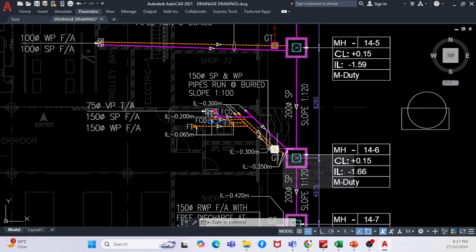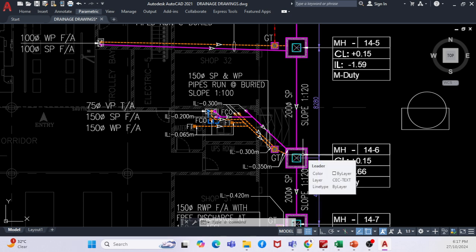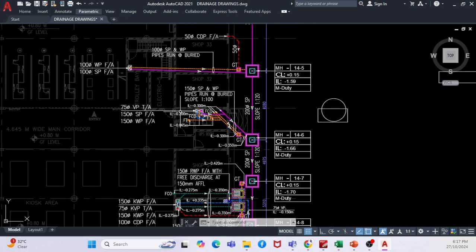You can remove whatever solid particles before it goes to the manhole. Clear, right? And whatever the soil pipe or waste pipe, you cannot go with the gully trap because it is all human waste, right? So it has to go directly to the manhole. So your soil pipe will go to the manhole, and your waste pipe will also go to the manhole through the gully trap. Is it clear up to here?